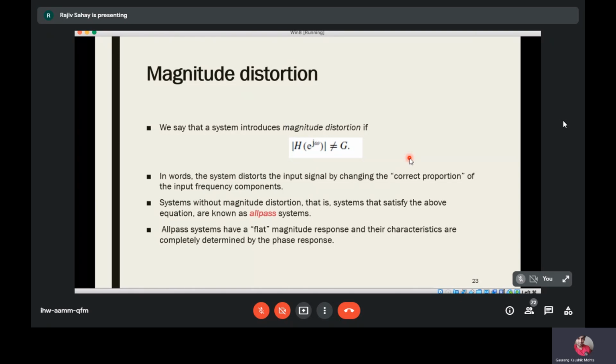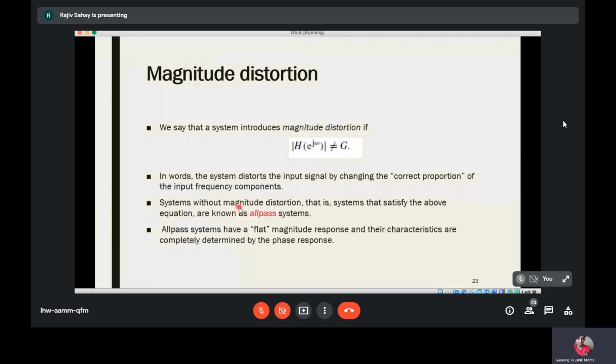It can be discrete time Fourier series coefficients or it can be continuous time Fourier series coefficients. So there are so many frequency components that you have. And if you have magnitude distortion, then the proportion of those frequency components in that continuous time Fourier series sum is getting disturbed. So the signal will not correctly come at the output. The shape of the signal will get changed.